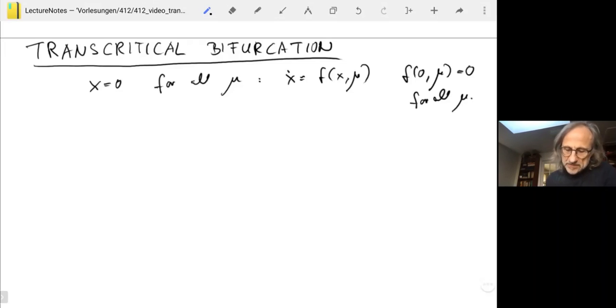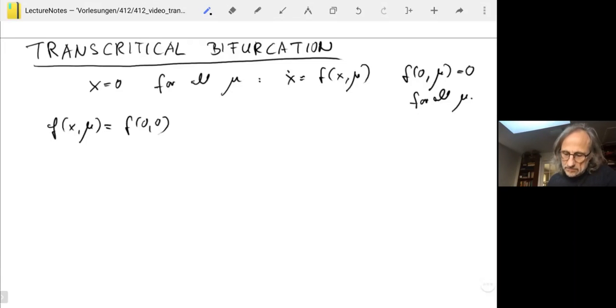So let's see what happens in that case to our Taylor expansion, and what kind of evolution equation we get in that case. So we have f of x and mu is given by f of 0 and 0.